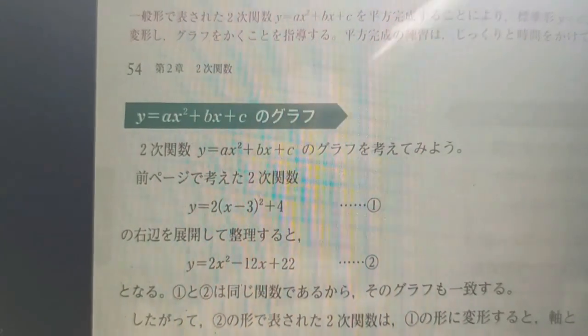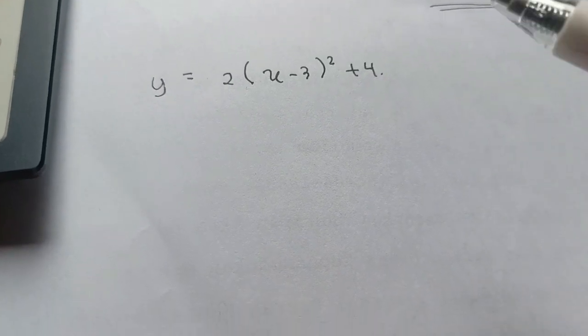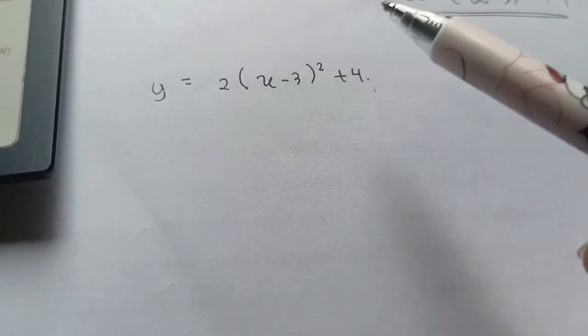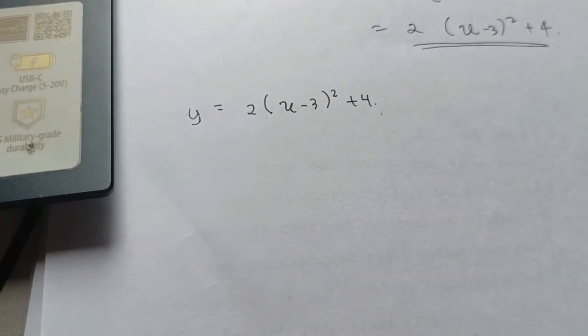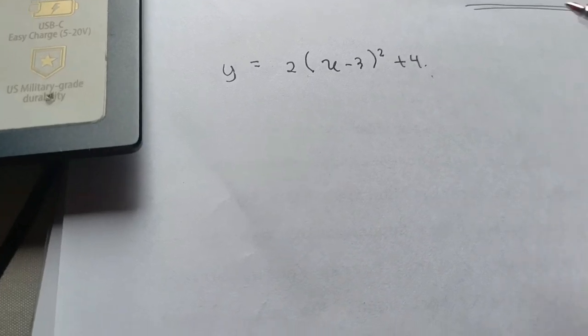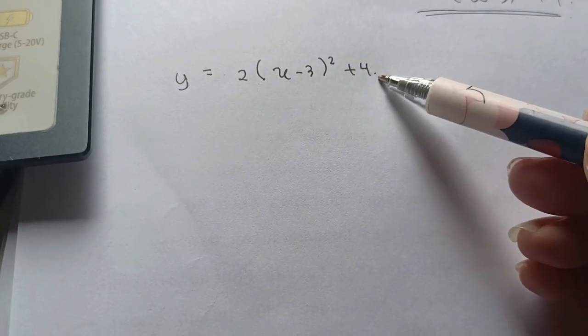Okay, how to do it? Okay, so let's learn how to make this. This is called the hyojun kei, right? From this hyojun kei, how to transform it into ipan kei?